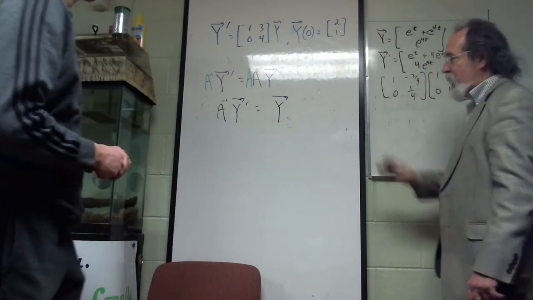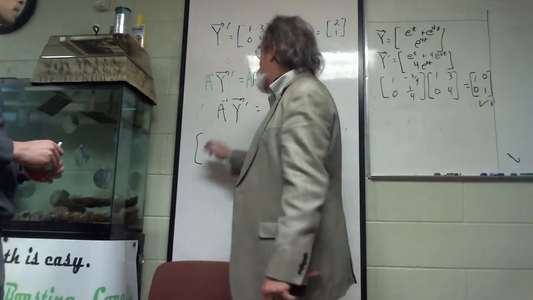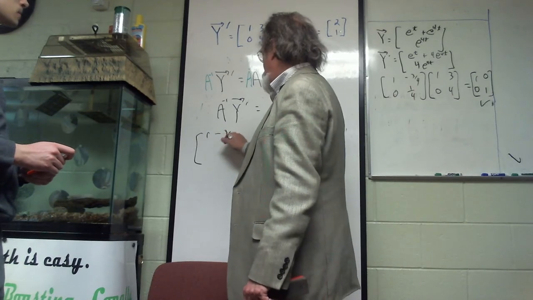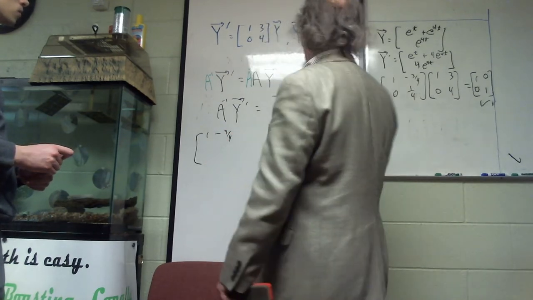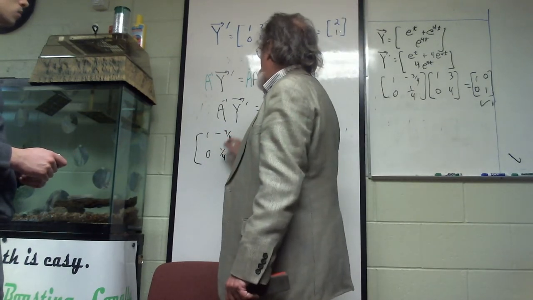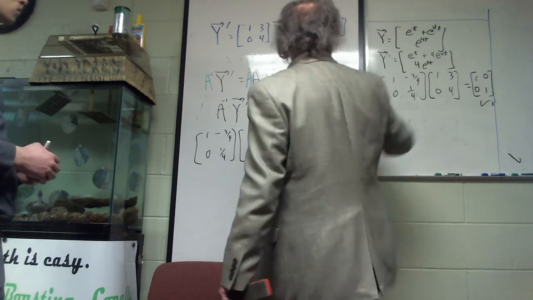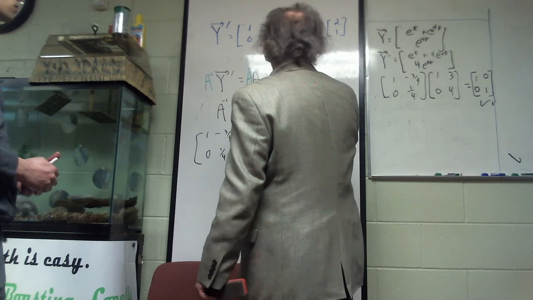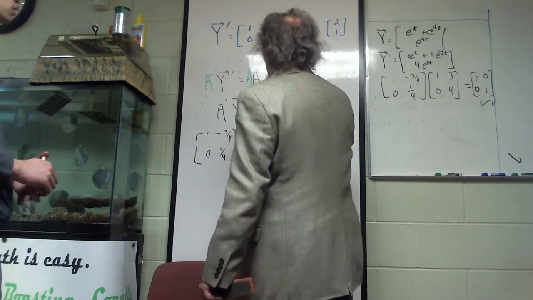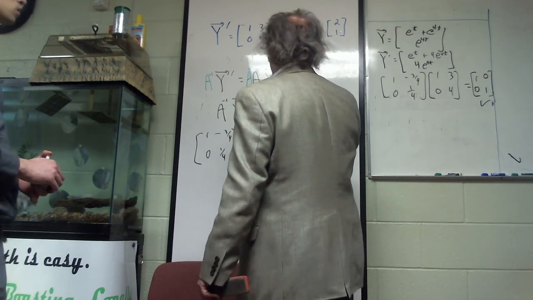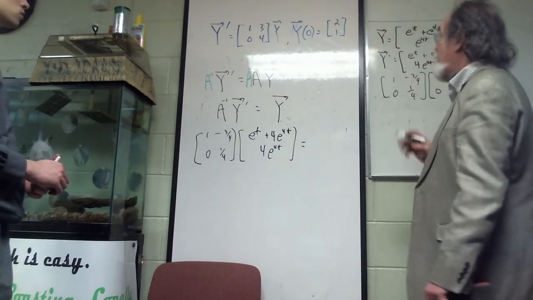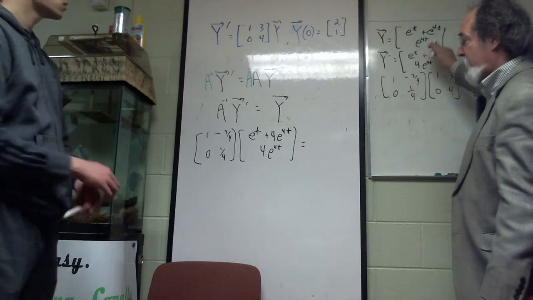And now, this says here, if I do the matrix 1, negative 3/4, 0, 1/4, times this thing that you just said, e to the t plus 4e to the 4t, 4e to the 4t, I should get back my original y, which we have written up here. Here's my original y. Let's see if it works.